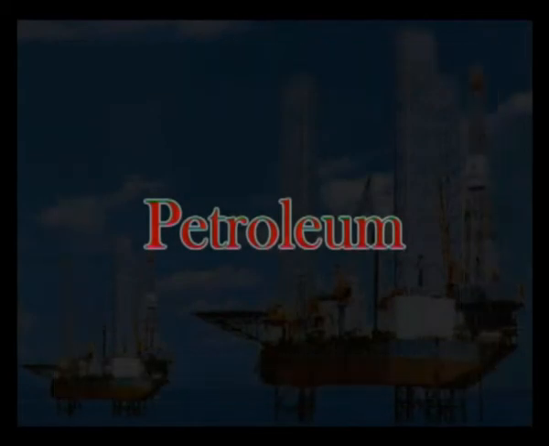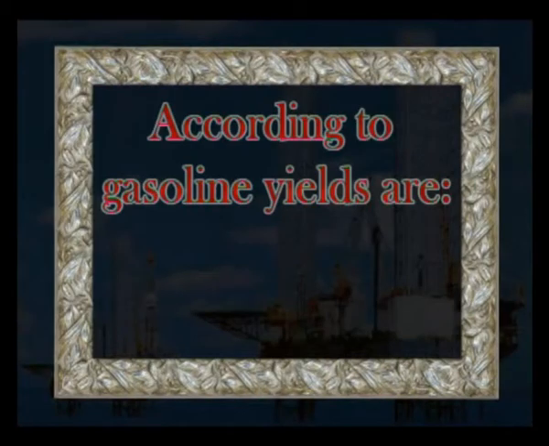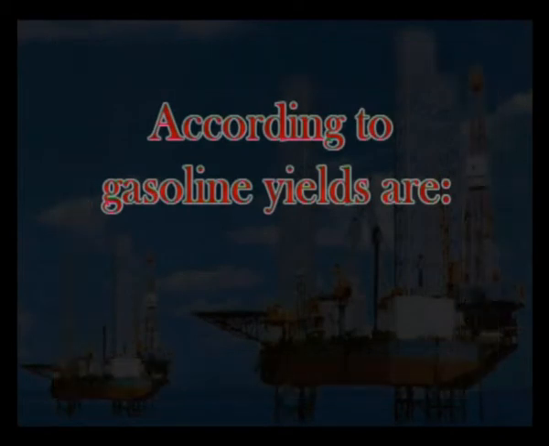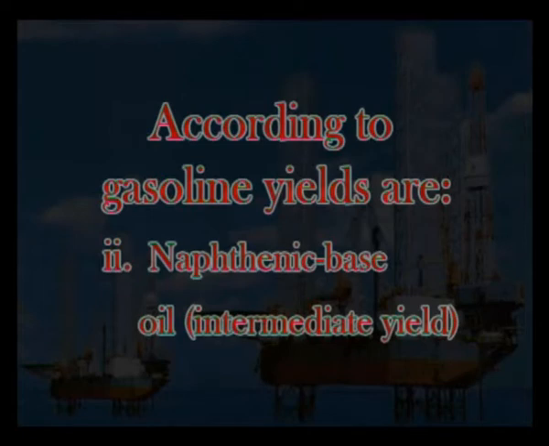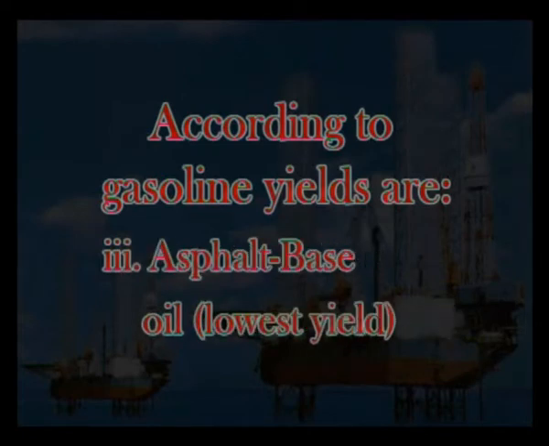Petroleum. Petroleum is an inflammable mixture of oily hydrocarbons with very complex properties. Three grades of crude oil according to gasoline yields are paraffin base oil, highest yield, naphthenic base oil, intermediate yield, and asphalt base oil, lowest yield.